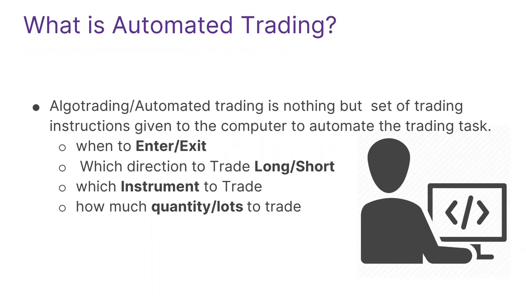We want to enter at a breakout of a certain level. Even if we are doing manual trading, we will have a set of rules. Those manual rules are what we are going to automate using a computer program. We have to tell the computer program when to enter, when to exit, which direction to trade. Should I take a long or should I take a short? Which instrument to trade?